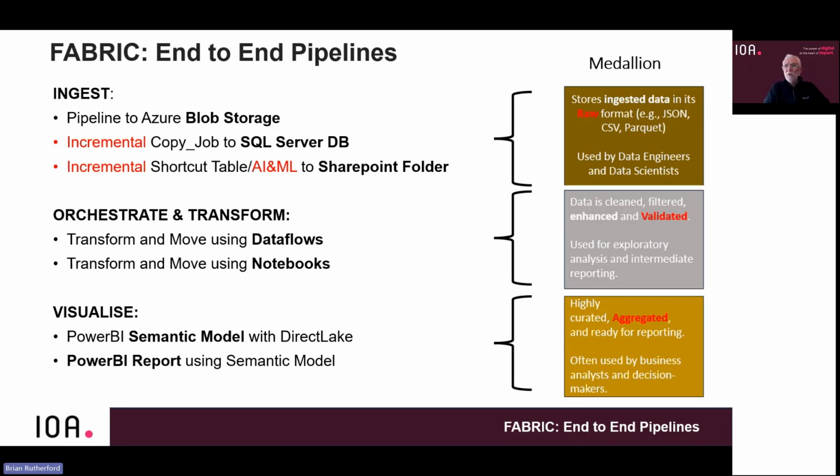Typically, that raw data is what your data engineers and your data scientists are looking at. They're going to be looking at that data, manipulating it in various ways. And then going to bring some data in to create some silver tables. I'm going to do this by using a copy job component, which is brand new to Fabric. Yeah, I'm pretty sure none of you have seen it before, if you've seen a bit of Fabric in the past.